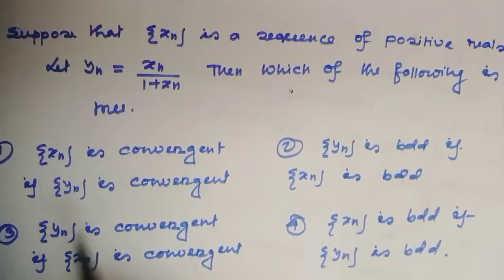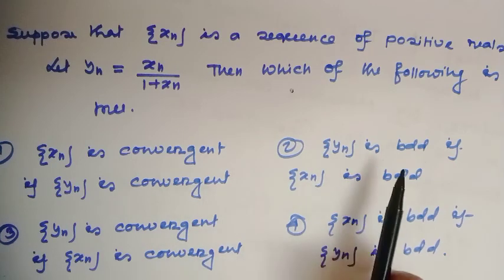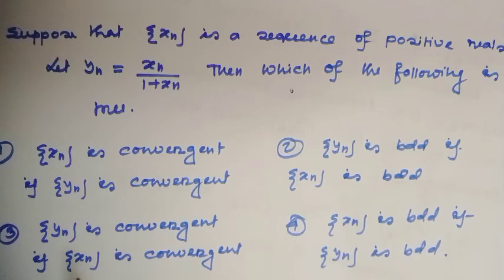Option 1, xn is convergent if yn is convergent. Option 2, yn is bounded if xn is bounded. Option 3, yn is convergent if xn is convergent. Option 4, xn is bounded if yn is bounded.